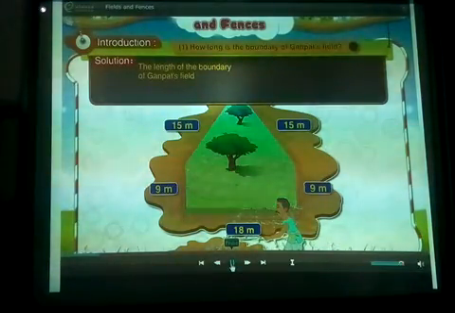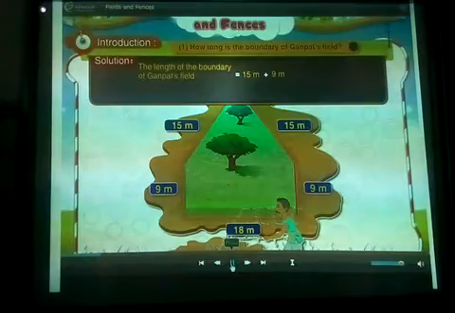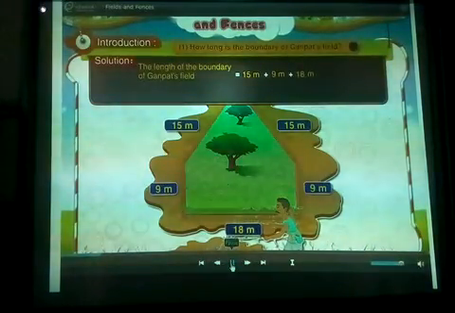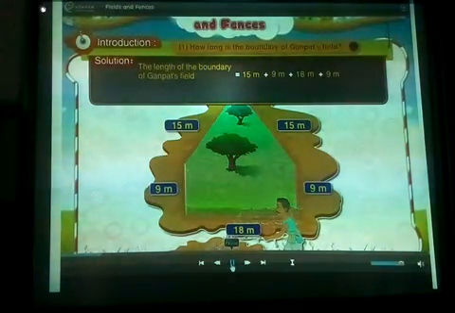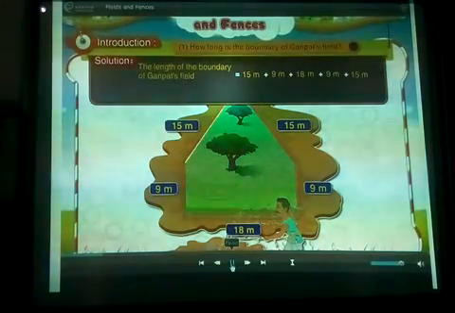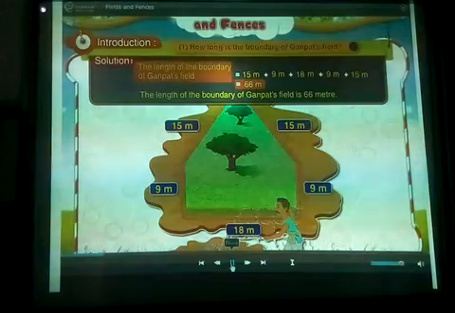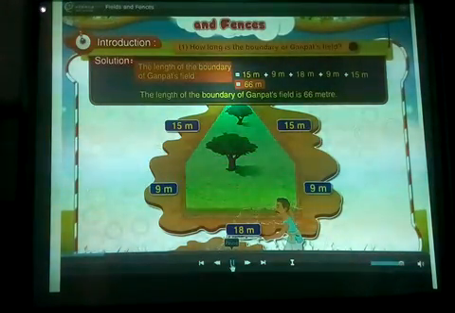The length of the boundary of Ganpat's field is equal to 15 meter plus 9 meter plus 18 meter plus 9 meter plus 15 meter, that is equal to 66 meter. So, the length of the boundary of Ganpat's field is 66 meter.